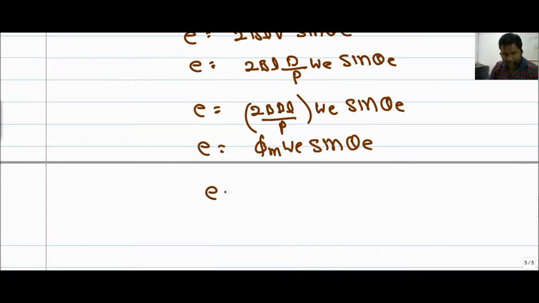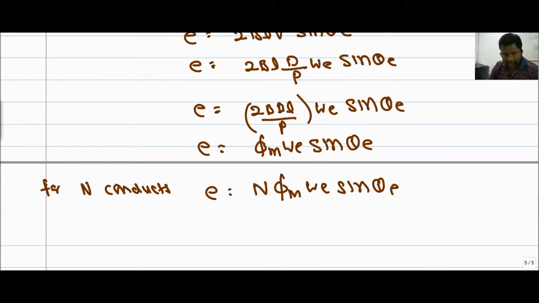So we can say that it equals N number of conductors, phi omega e sin theta e.